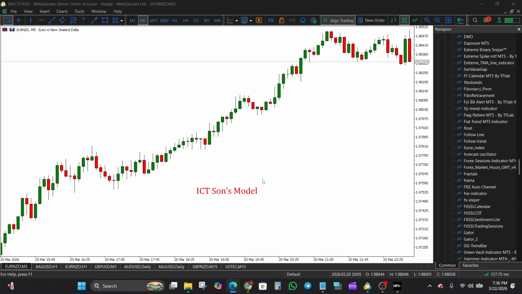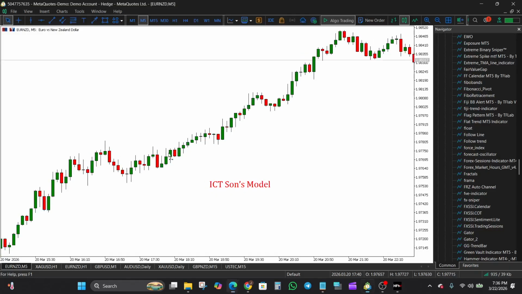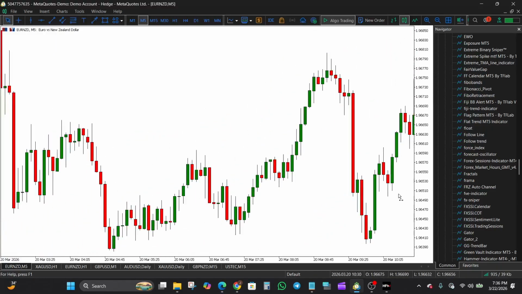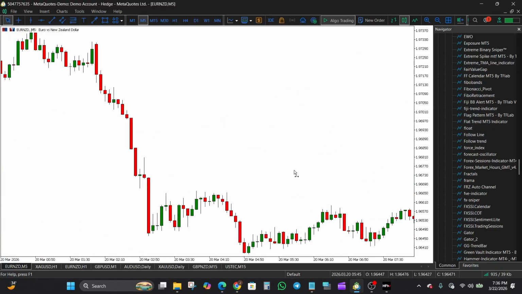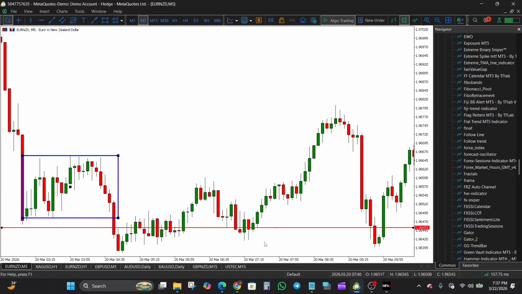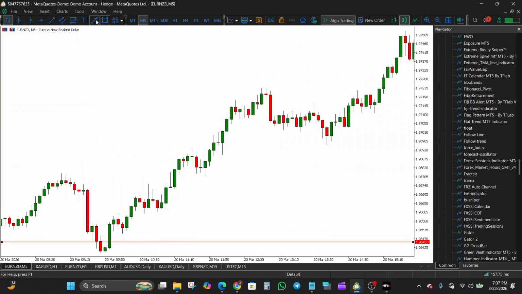First, it builds liquidity, then it takes out that liquidity, and finally, it makes the real move. You build some liquidity, you take out that liquidity, and then you make the real move.